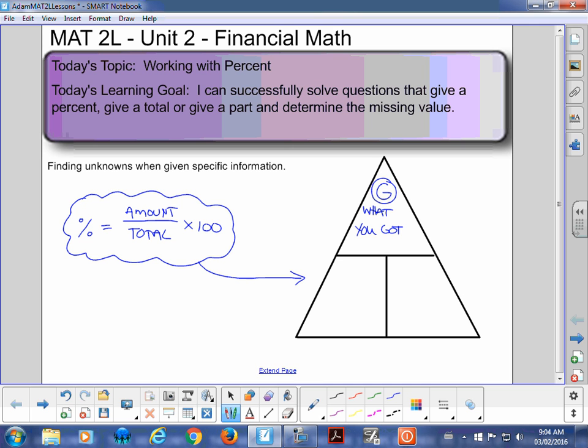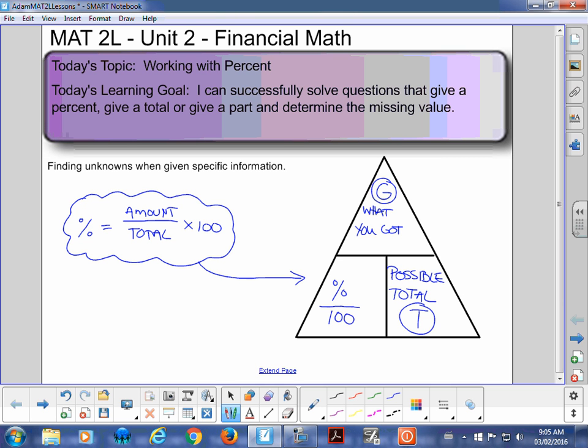Now, the total down here is the possible total. If you could possibly get 100 marks, this would be your possible total, and for simplicity, we'll shorten that to a T. And then over here is going to be our percent, and I'm going to have it over 100.